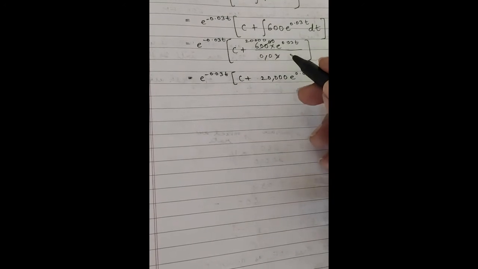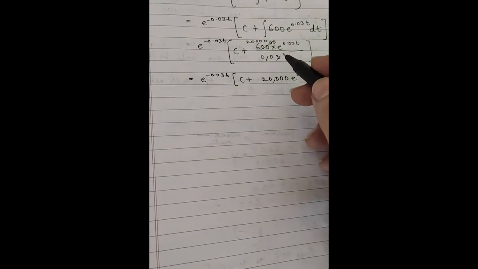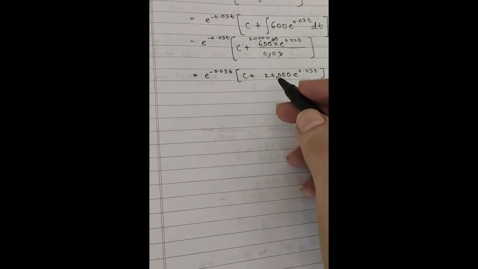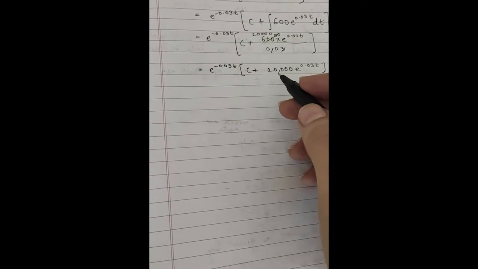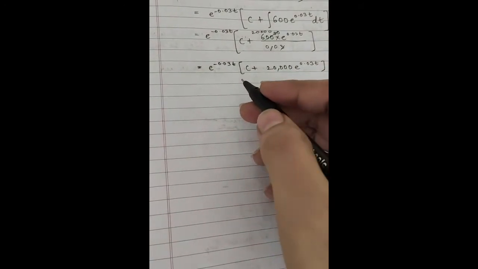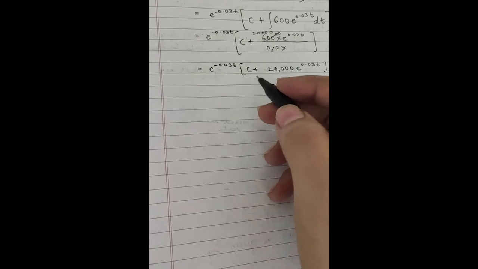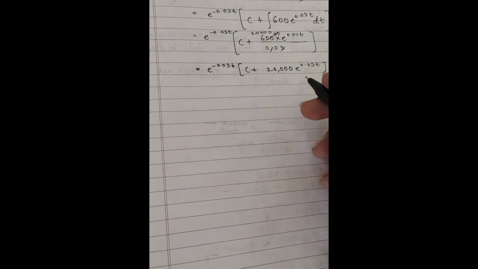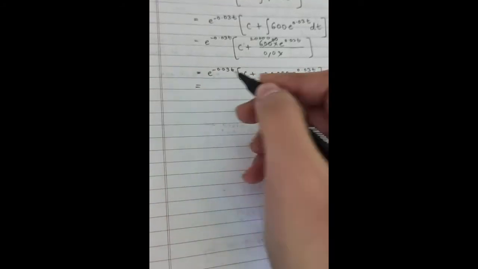When we cancel out, the constant factor becomes 20,000. So finally we have the equation as e raised to minus 0.03 t times c, where c is the constant of integration, plus 20,000 e raised to 0.03 t.